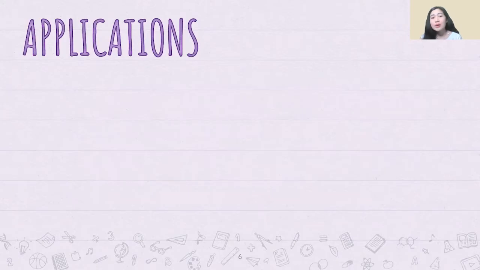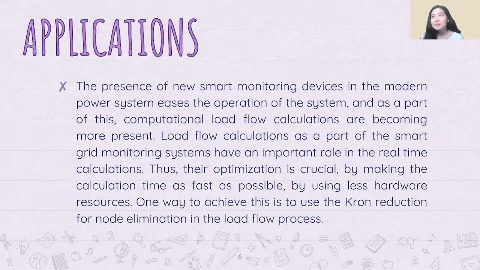So next up is our application. Saan ba natin dapat ginagamit yung ating Kron reduction method? We are now in the age where the presence of new smart monitoring devices has eased the operation of the system. And as part of this, computational load flow calculations are becoming more abundant.